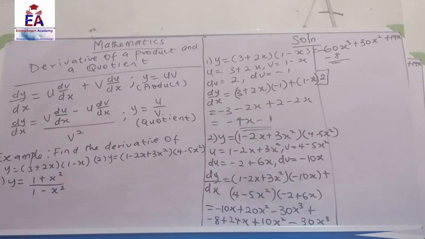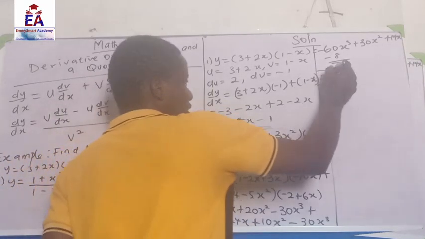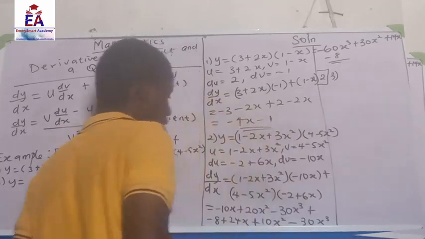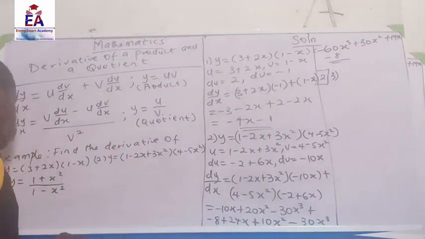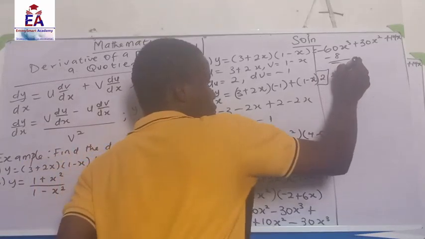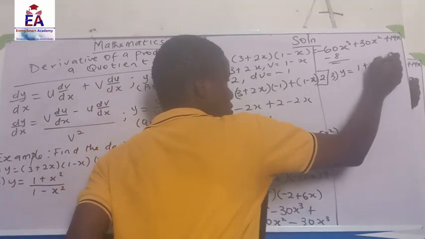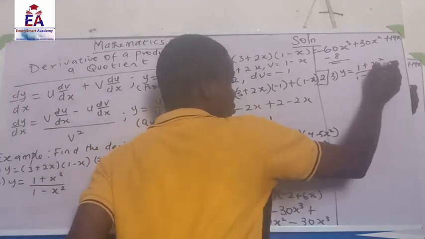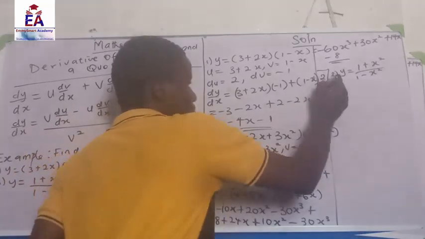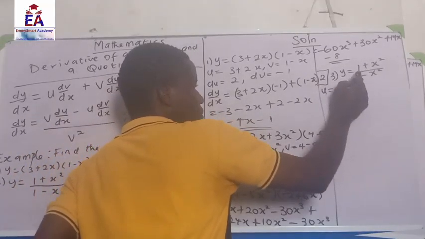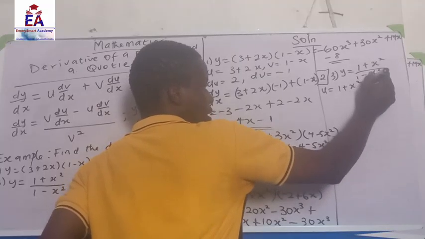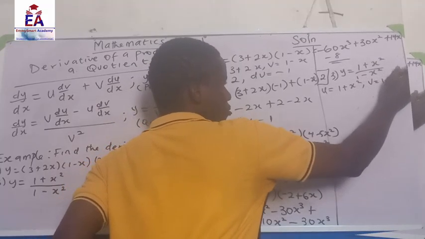So now the final one for this section. We have y is equal to 1 plus x squared over 1 minus x squared. It means that my u is 1 plus x squared and my v is 1 minus x squared.